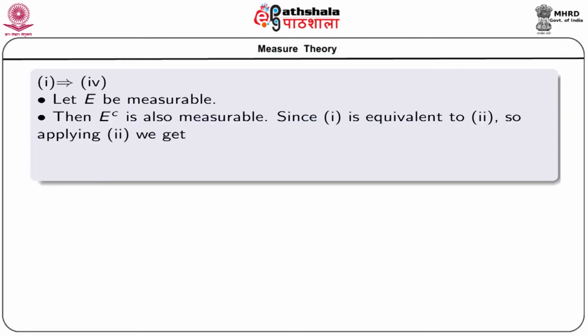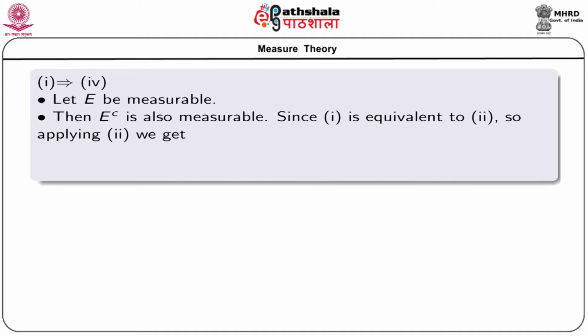We now start with the implication 1 implies 4. Again, let us suppose that E is measurable. Then we know that E complement is also measurable. We have already proved that the assertion 1 is equivalent to the assertion 2, which states that given epsilon greater than 0, we can find an open set O containing the measurable set E such that mu star of O minus E is less than epsilon.